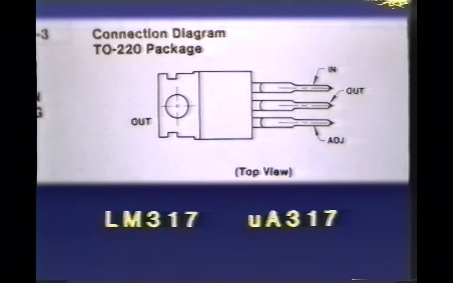By the way, you may see the part number listed as either LM317 or UA317. The different 2-letter prefixes are determined by different manufacturers. Some manufacturers of the same part use LM, others use UA. We can pretty much ignore any 2-letter prefix on a part number and just look at the number itself.